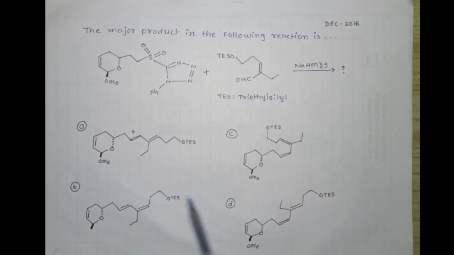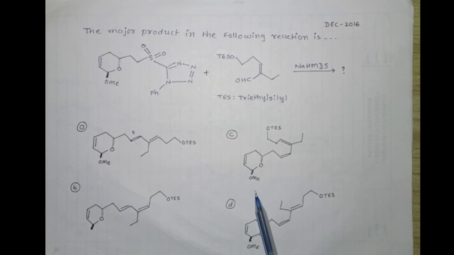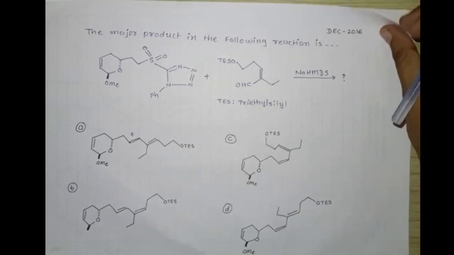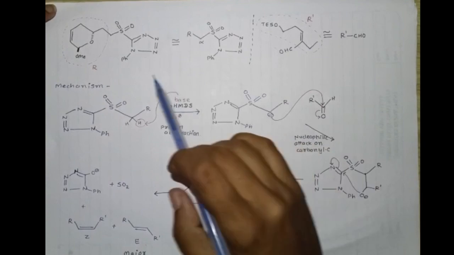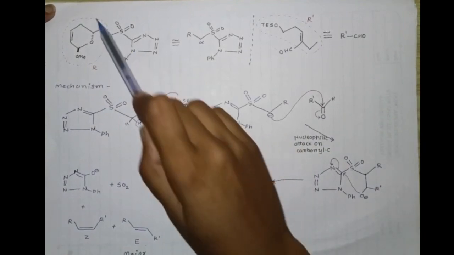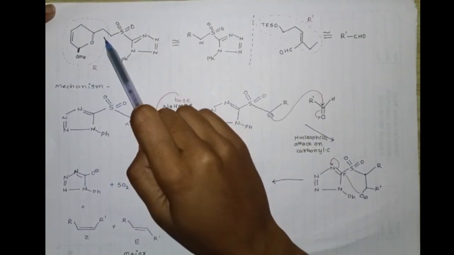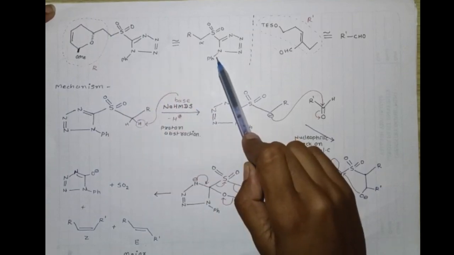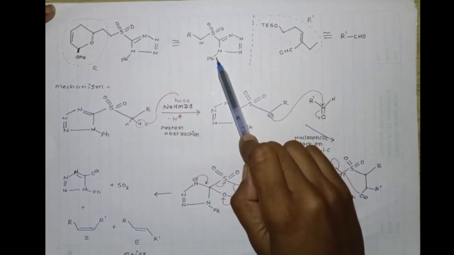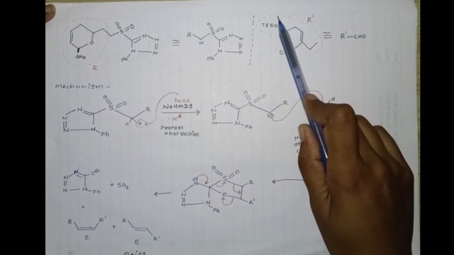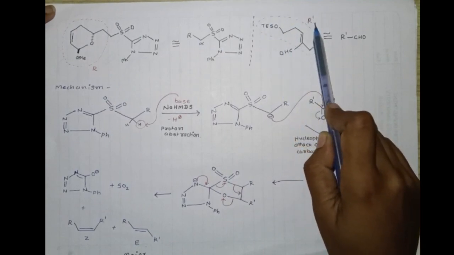So before going through the options, first of all we have to go through the mechanism of this reaction. So here is the mechanism. For our simplification we are saying this whole group as R. So this will be our first starting material, and this group we are saying R dash.